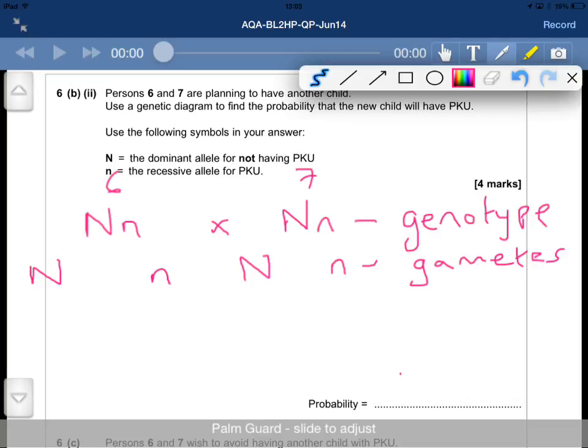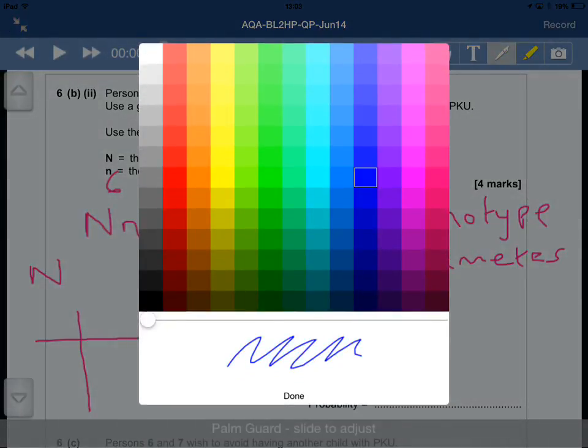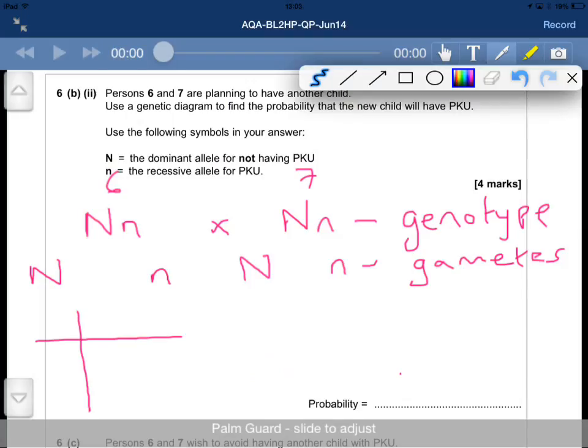Okay? Then we need to do the cross. And the way we do the cross is to do a Punnett square. And we take these, let's do a slightly different colour. We take these gametes and we write them across, and we then do the multiplication.